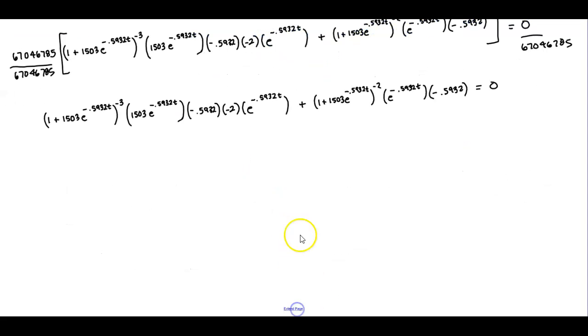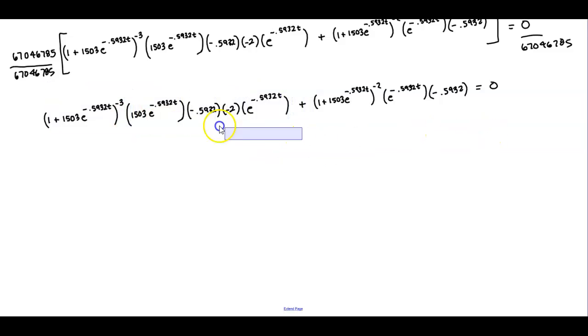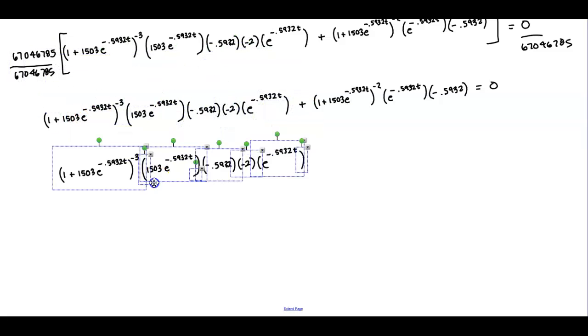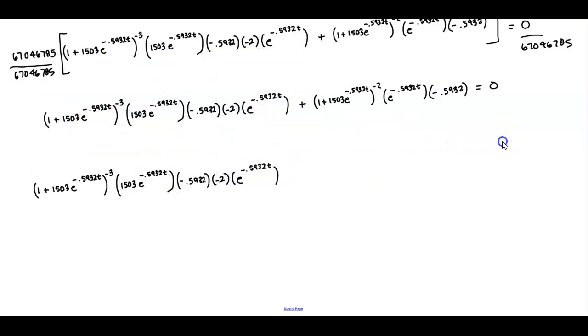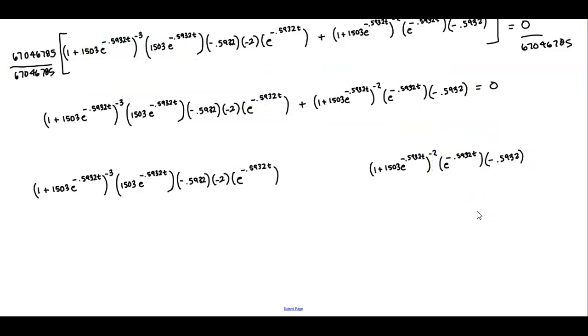Okay, so now we can subtract that to the other side, which is then going to make this negative.